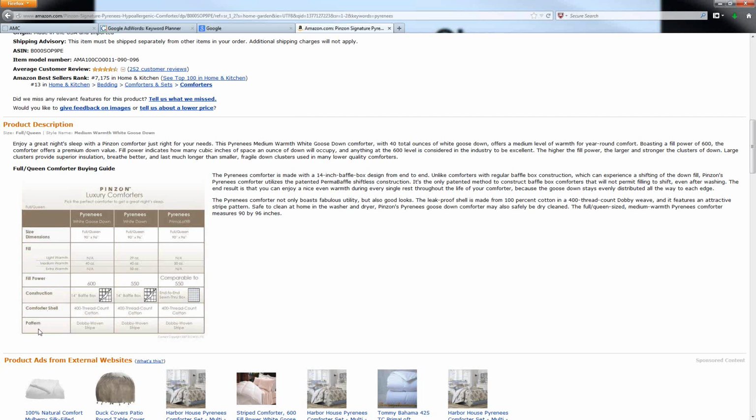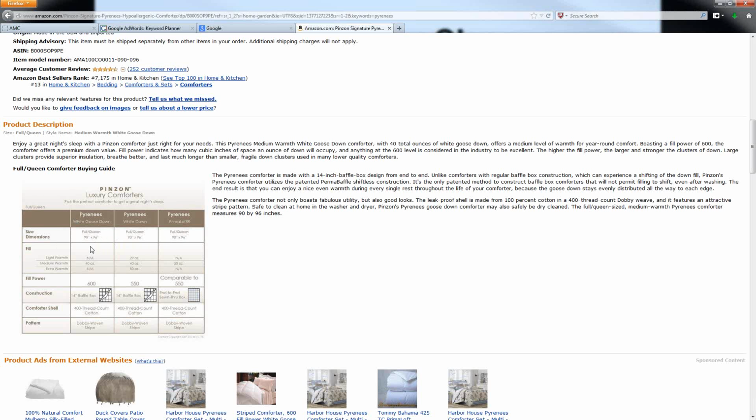Over on the left-hand side here of this comparison chart, there are even more keyword phrases that should be particular points of interest for people that are interested in this type of product. The size dimensions, this was one thing that I was able to find in the keyword phrases, as you remember.